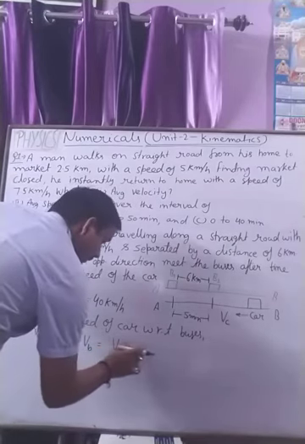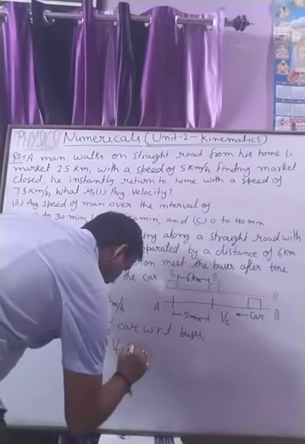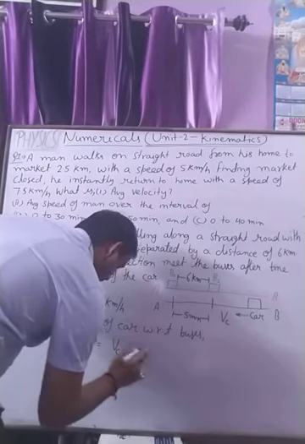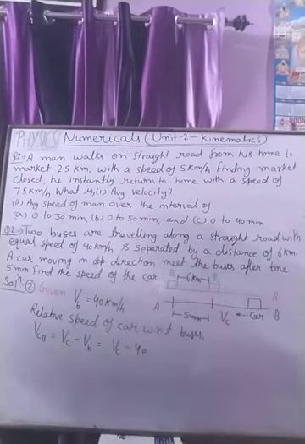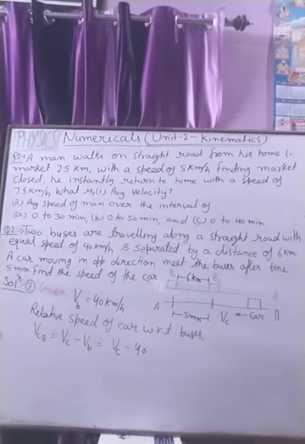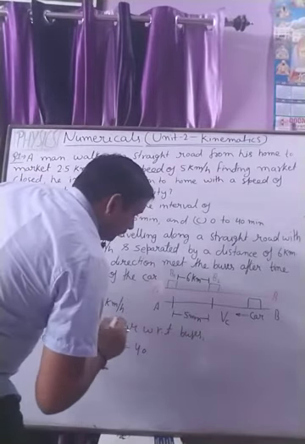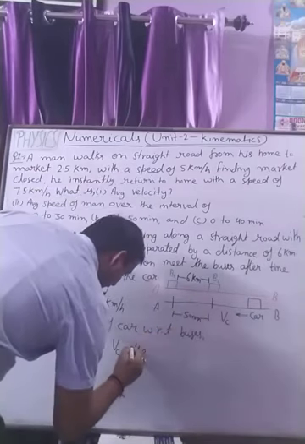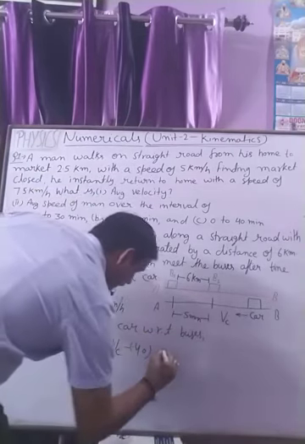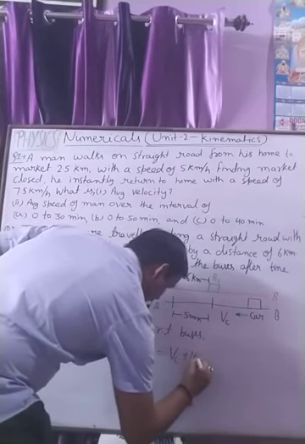This is minus, this is plus. As the bus is moving in the opposite direction, we take it with a minus sign, so we finally get VC plus 40.